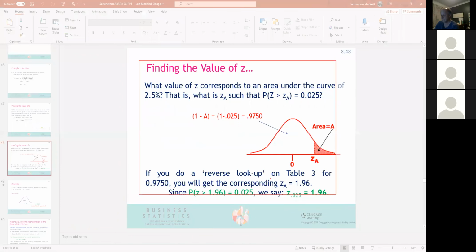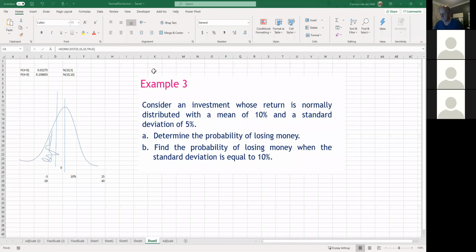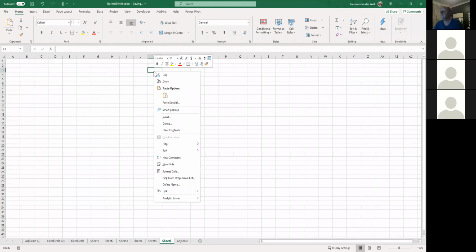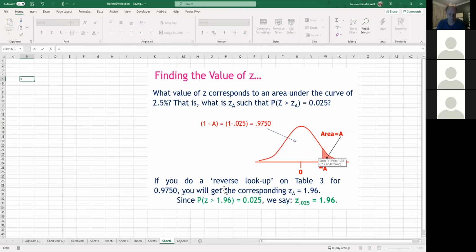Again, the last part has got to do with standardizing, which, have I mentioned it before? We don't have to do it because we're going to use Excel. The function that we want to use to answer this type of question is NORM.INV. Can you see it there?